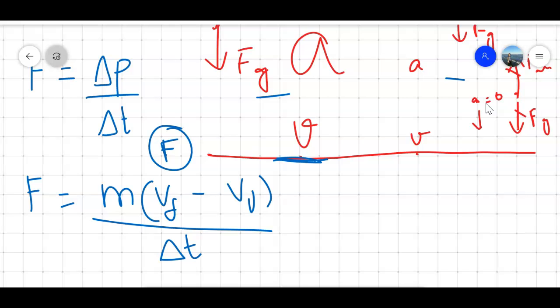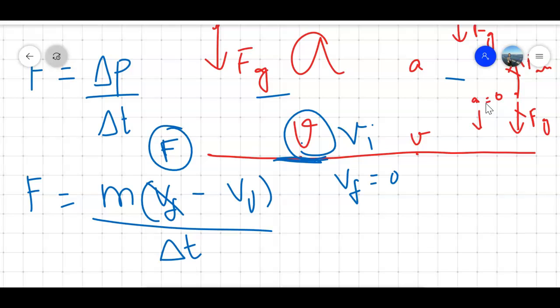And so the velocity with which it hits, that is the final velocity from free fall, now becomes the starting velocity for the impact, because it hits with a certain velocity and then comes to rest. So here the final is 0 and this becomes our initial. Okay, so since the final is going to be 0, we can cancel this out.